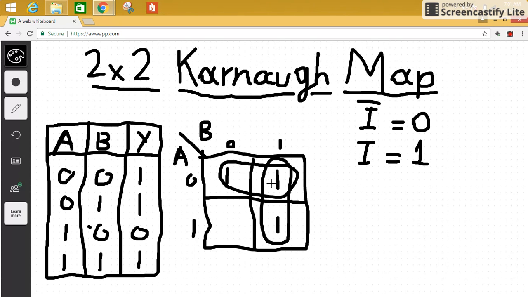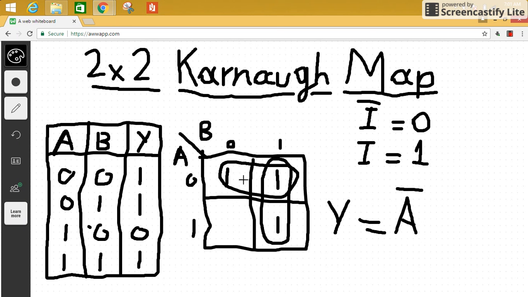Since I already told you before that a 0 minterm means input prime, the term for this pair will be A prime. So we write it in this format: the output Y is equal to, for this pair, A prime.